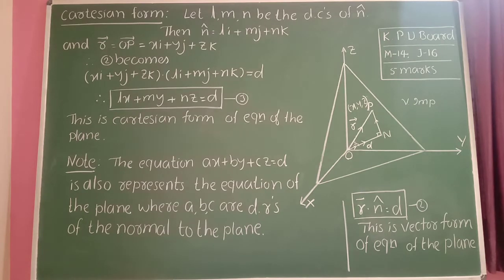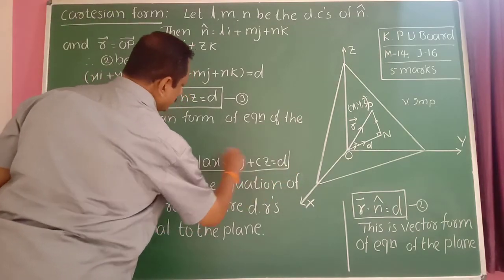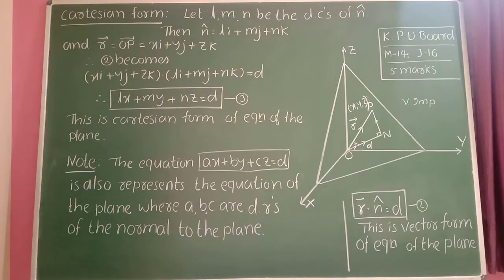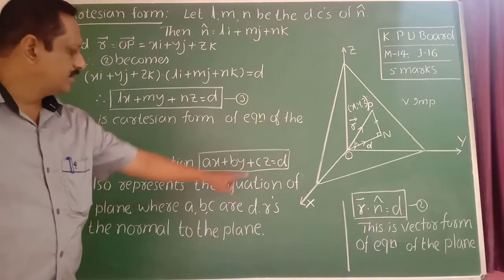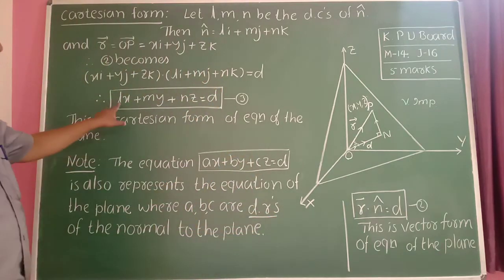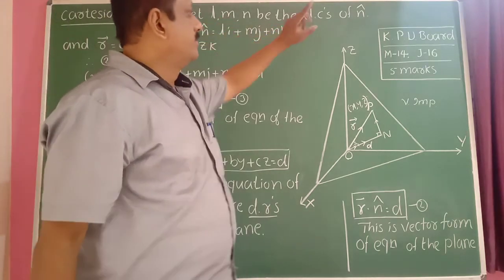So there is an important note here. The equation ax plus by plus cz is equal to d also represents the equation of the plane. In this case, a, b and c are the direction ratios here. Here l, m and n are the direction cosines of normal to the plane.